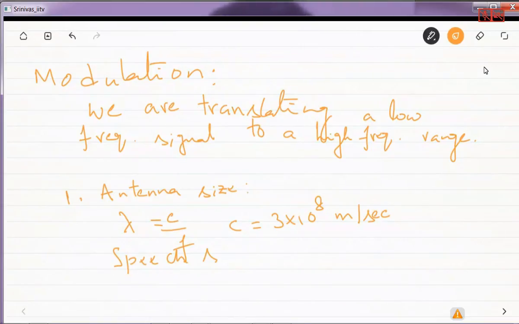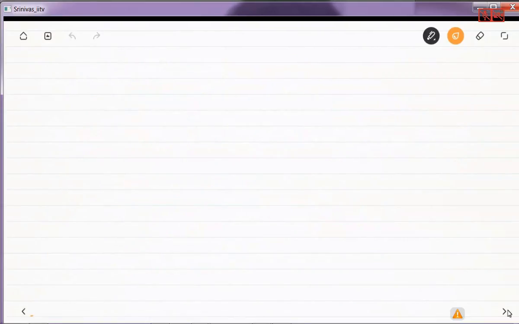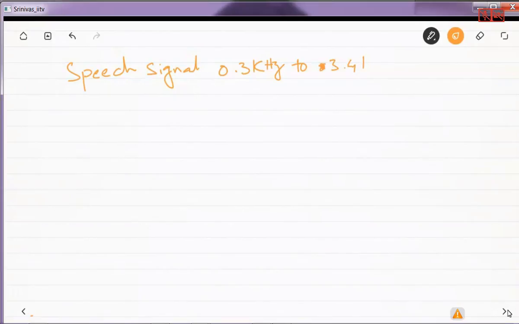The speech signal is from 0.3 kilohertz to 3.4 kilohertz. This is the spectrum over which the speech signals will be occupying. Like it is 0.3 kilohertz to 3.4 kilohertz.